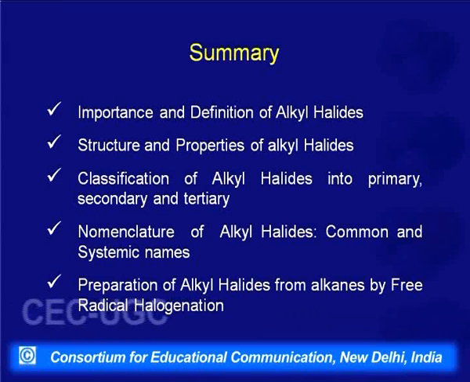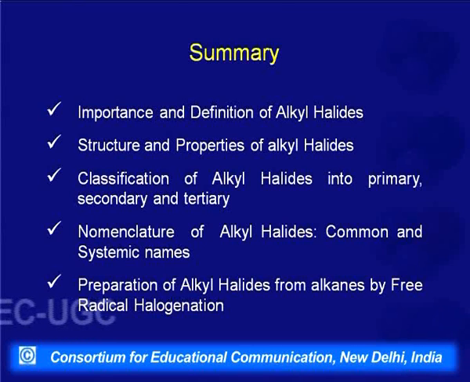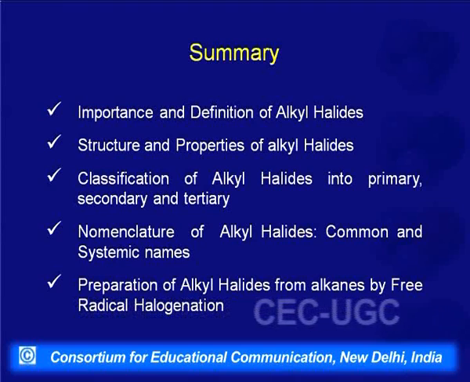The nomenclature has been dealt with in detail, where we talked about the common and the systematic names. And finally, we have been able to speak about the preparation of alkyl halides by radical halogenation of alkanes, with its advantages as well as disadvantages.